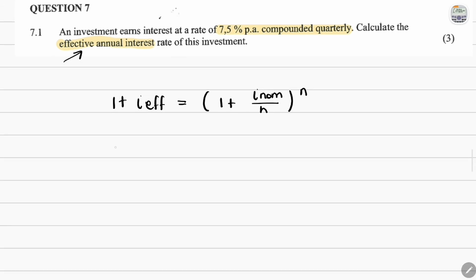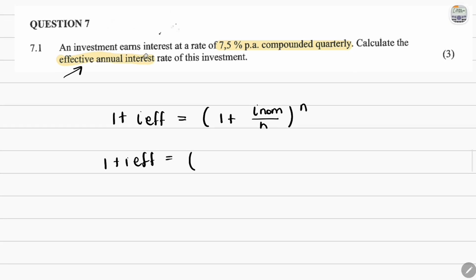Okay, so we're finding the i effective, and what is the nominal we were given? We were told that the investment earns interest at the rate of 7.5% per annum compounded quarterly. You will notice that the nominal will always have a compounding: quarterly, monthly, semi-annually, and so on.